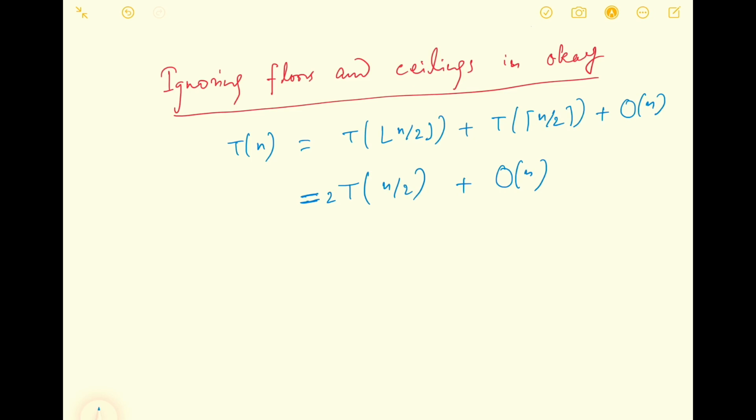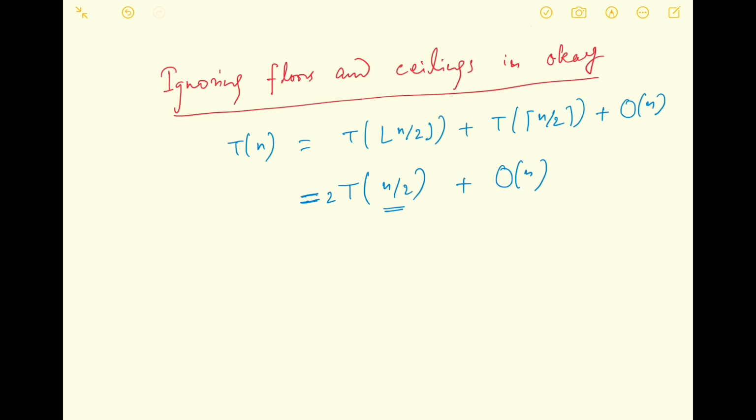Okay, but before that, a more fundamental question can appear. We defined T(n) to be the worst case running time of merge sort if it is given an array of size n. Now does this n by 2 make sense at all? Because if n is odd, then T(n by 2) is not defined.